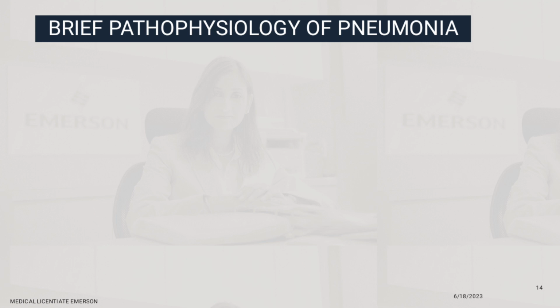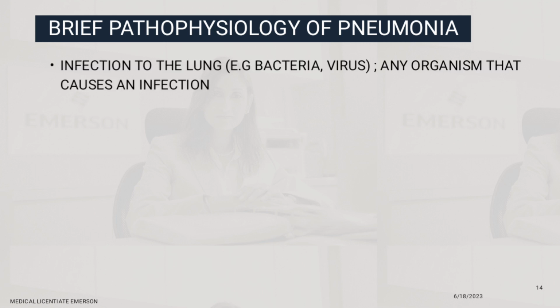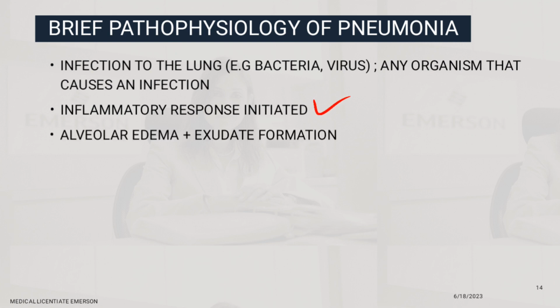Then in terms of pathophysiology of pneumonia in relation to the infectious cause, any infection to the lungs, e.g. caused by bacteria, viruses, or any organism that causes an infection, there's going to be an inflammatory response initiated, which will lead to alveolar edema plus exudate formation.